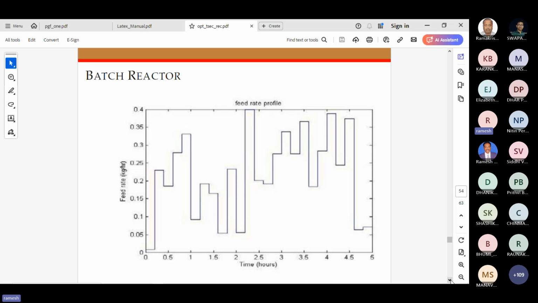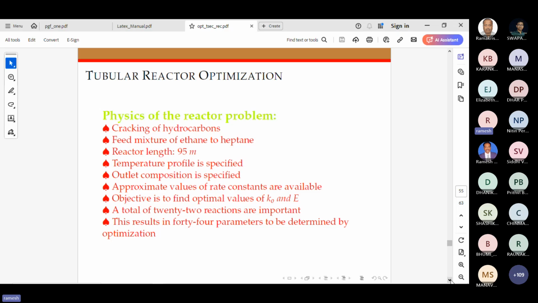Another large-scale problem is cracking of hydrocarbons. Here it is a tubular reactor problem, a 95-meter tubular reactor. The initial specifications are the temperature profile and outlet composition.